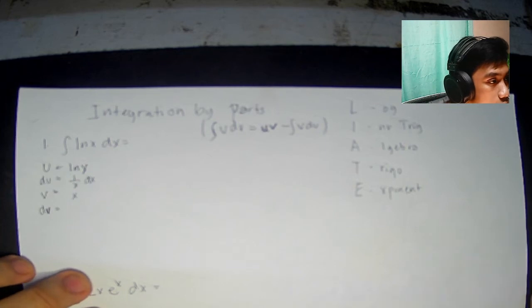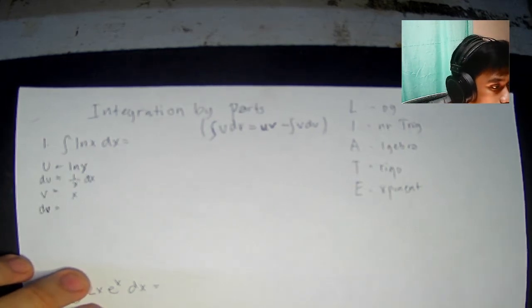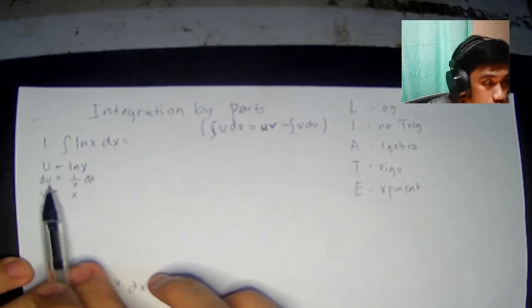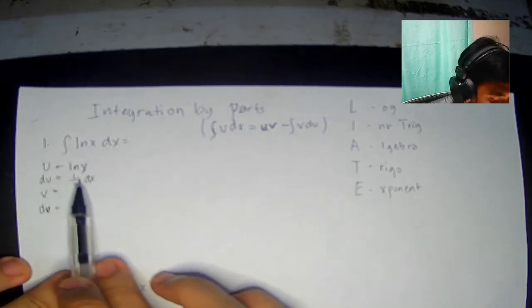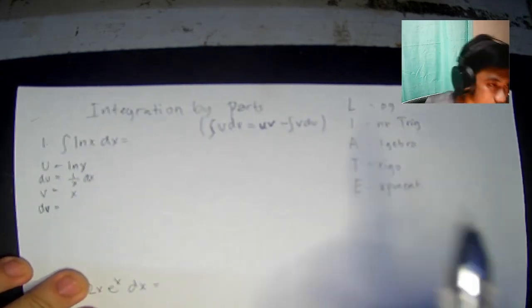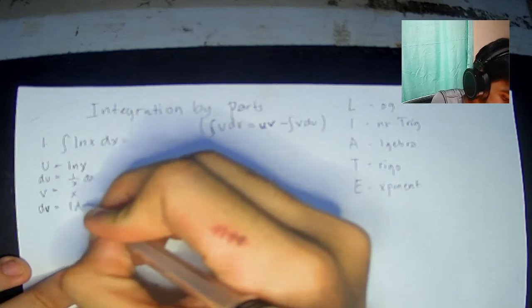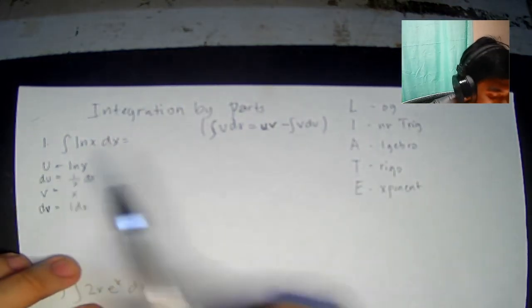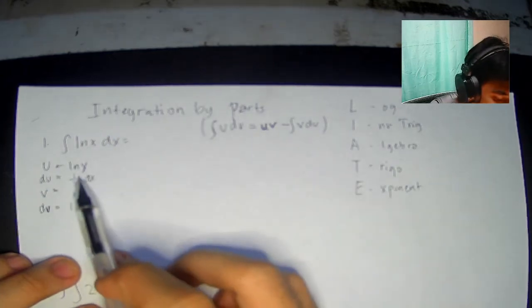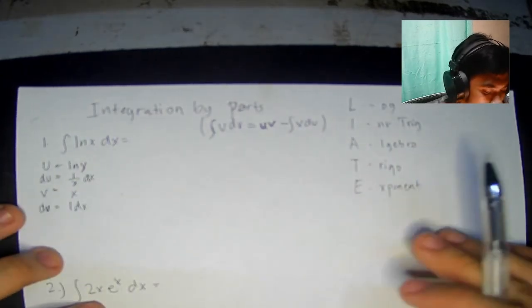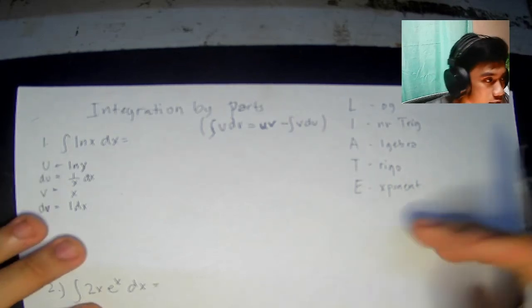I'm sorry, I timed it out. So again, here u is ln x, du is 1 over x dx, v is x, and dv is 1 dx. We can simply put 1 here and 1 over x there, but we should indicate that it is a derivative. So let's try to solve.